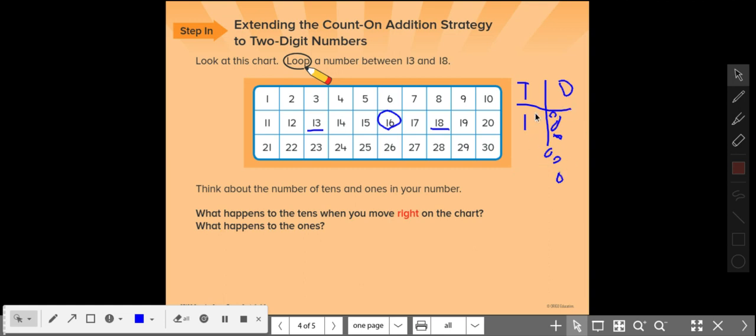So here's my 16 drawn out. When I move to the right, I end up adding more in the ones place. So now I have to add another circle in my ones place. I'm going to switch to green so you can see it. So there's my 17 now.